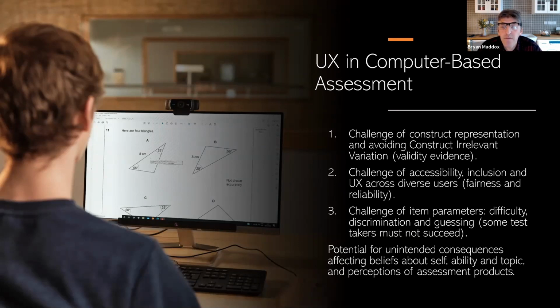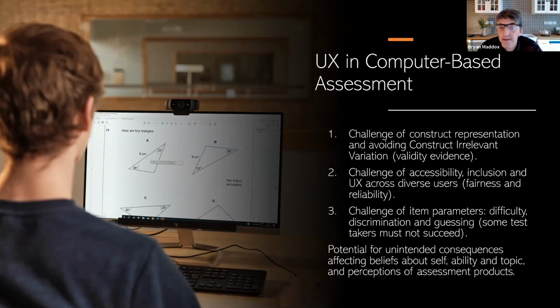So that raises questions about fairness and reliability. So when we design a computer-based test item, we have to not only think about how it's going to work with an individual user, but the kind of diversity that might be present in the population that we want to assess. And we might be looking at, for example, cultural diversity, we might be looking at disability, and of course, we're looking at a range of abilities.